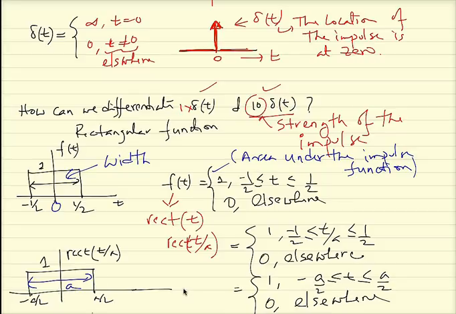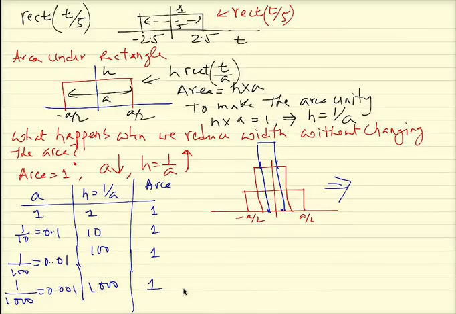So here we have given an example. If I ask you to draw rect t over 5, then you should understand that this rectangular pulse is located at t equal to 0 with a width of 5. To make the width 5, it should start from minus 2.5 and end at plus 2.5.